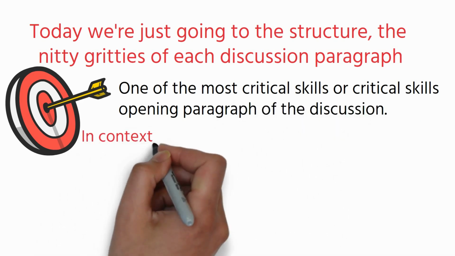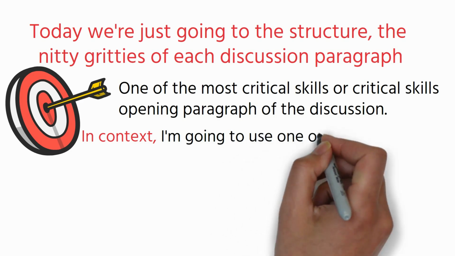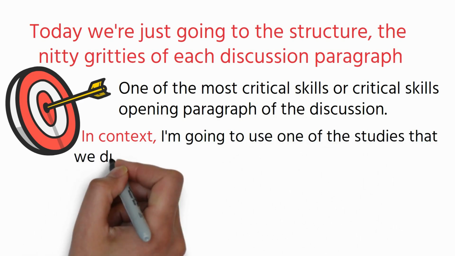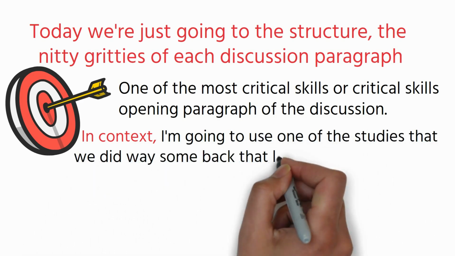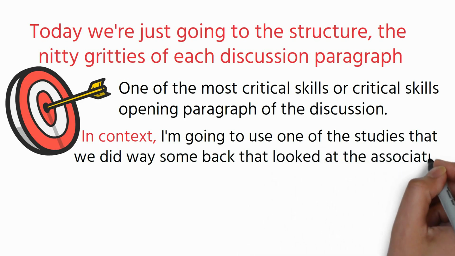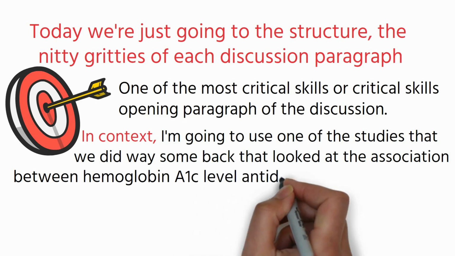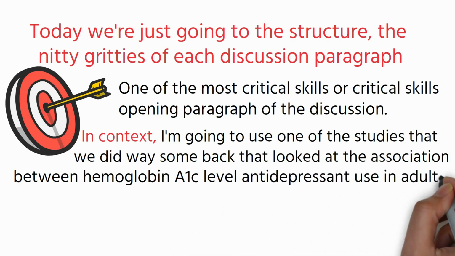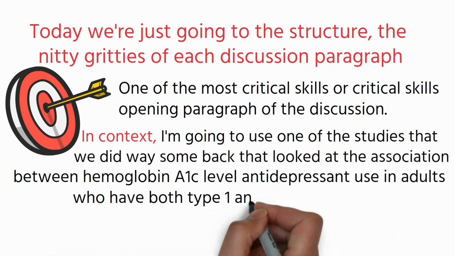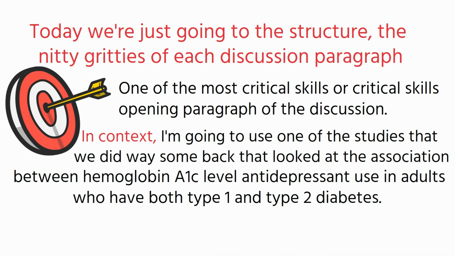In context, I'm going to use one of the studies that we did way back that looked at the association between hemoglobin A1C level and antidepressant use in adults who have both type 1 and type 2 diabetes.